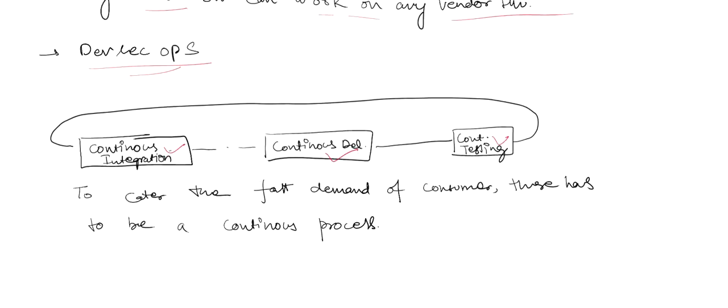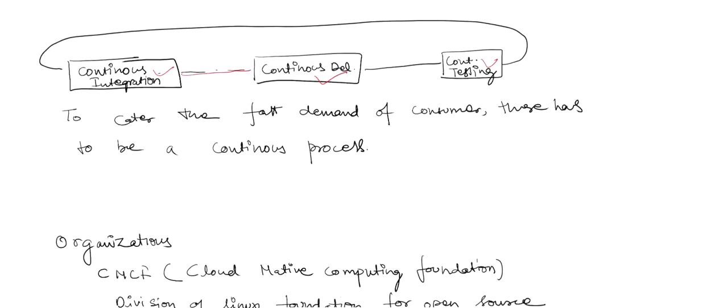This is a cycle that goes on continuously. So whenever there is a demand, the software changes can be delivered fast. For that, this is DevSecOps: development, security and operations. Sec stands for security, so the system must be secured as well. Security is an important aspect.